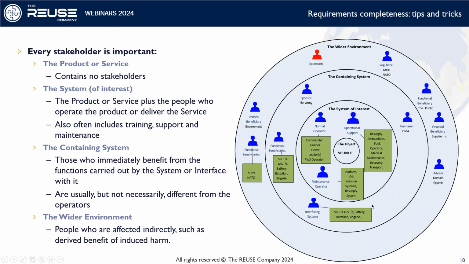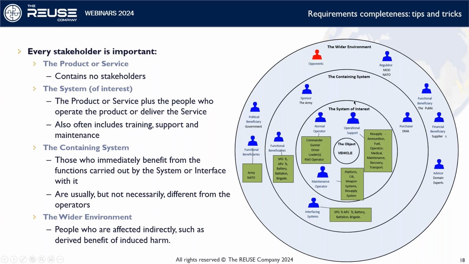It could be political, social, human systems like governments, agencies, regulators, opponents. So these are also stakeholders for the system. So we should take into account the fact that they will be having influence on the system.